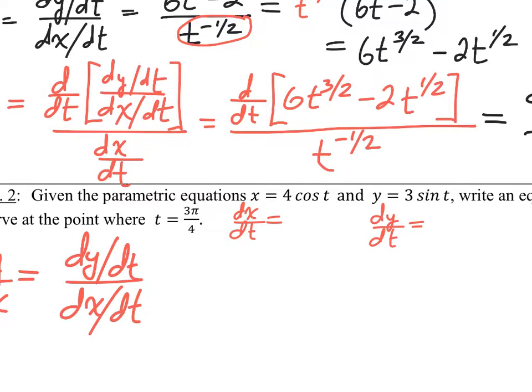All right, derivative of cosine is what? Negative sine. So in this case, negative 4 sine t. This is with respect to t, so we're in good shape. We don't have to worry about anything like implicit differentiation. Derivative of sine is cosine. So 3 cosine of t.